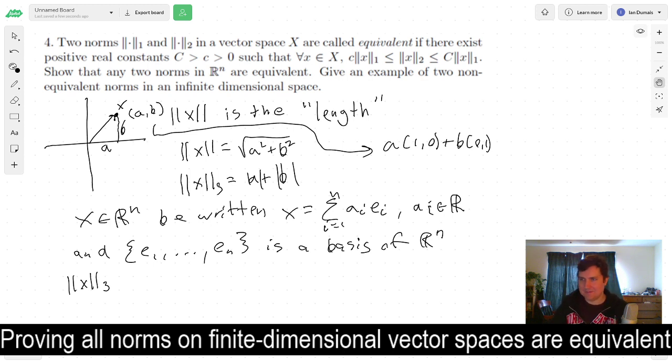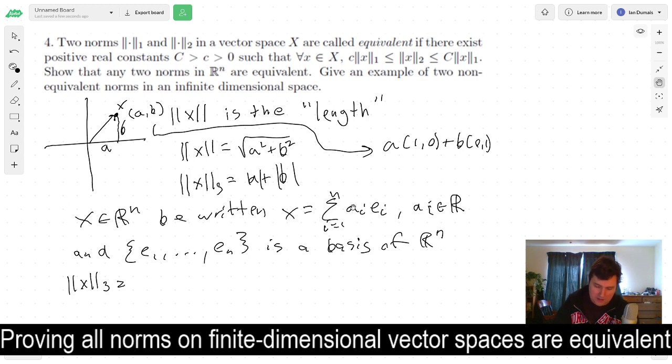It feels like it. All right, we're just defining this just like how we defined it up here. It's just going to be the sum of the absolute values of each of the coordinates, because these numbers kind of act like coordinates based on our basis vectors. So these ai's do the same.